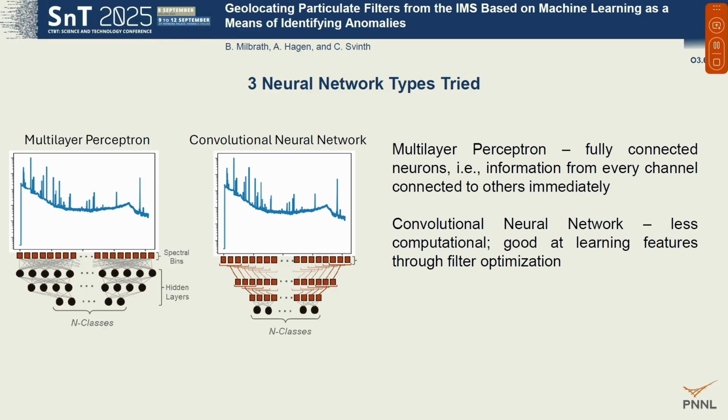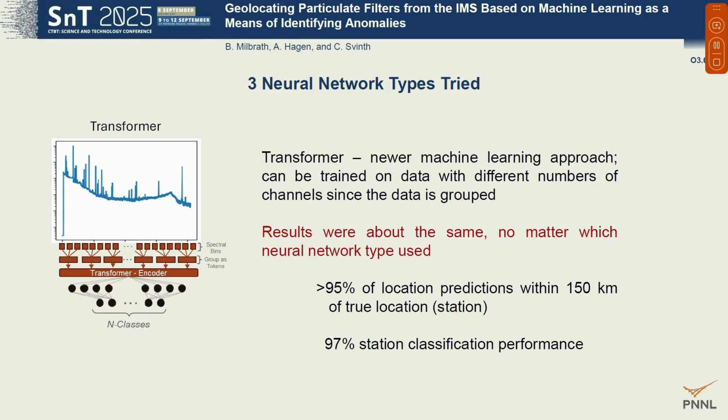You could view it as kind of filter optimization is how it operates. And the third type is a newer machine learning approach called transformer, which is useful in that you can have different numbers of channels, because what the transformer does is it groups data and moves on from every single channel.